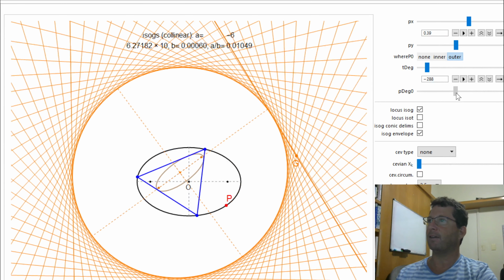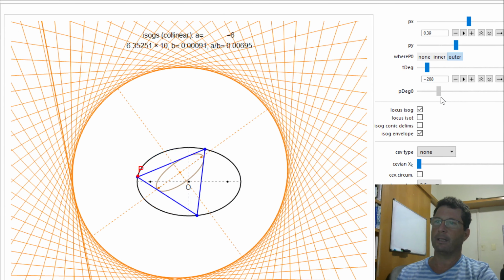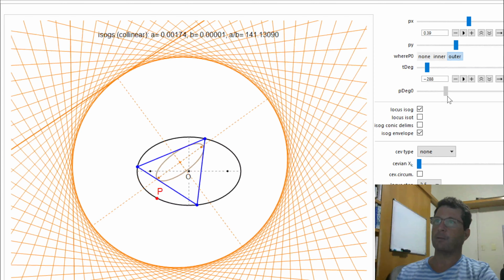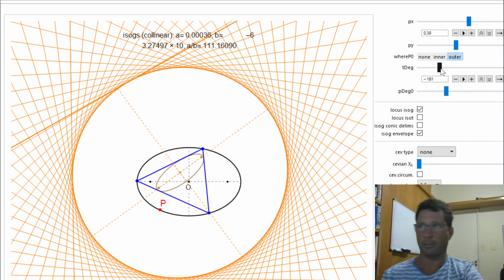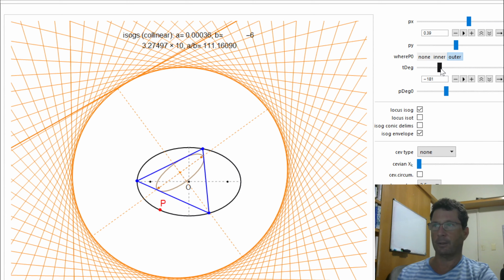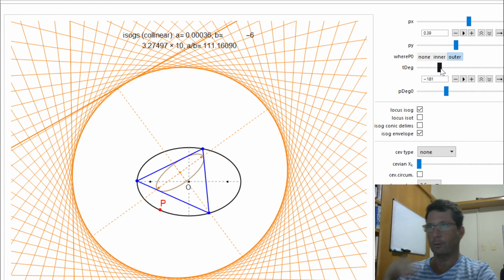You can see that I have a line that is sweeping an envelope. There's a little bit of numerical instability here, because whenever P comes close to the circumcircle of my blue triangle, I can no longer compute the isogonal. So there's going to be some jumping around and some instability. But if you ignore those instabilities, there's a discrete set of points where P is exactly on the circumcircle of the blue triangle, and let's go ahead and delete those.